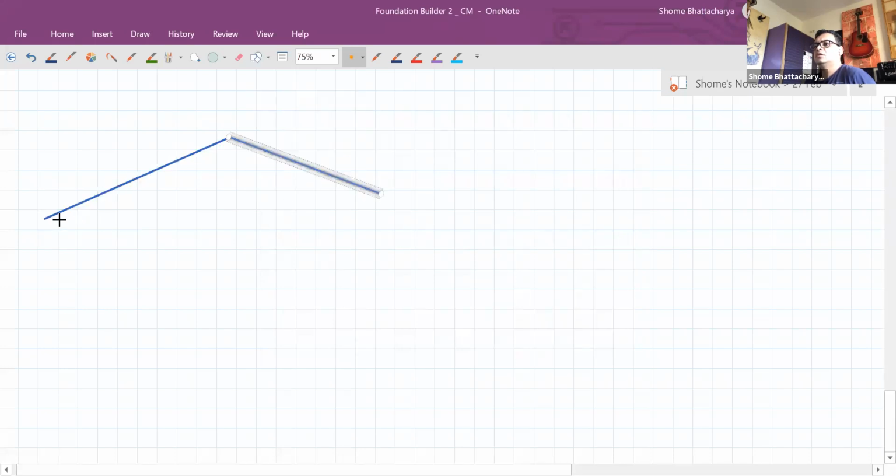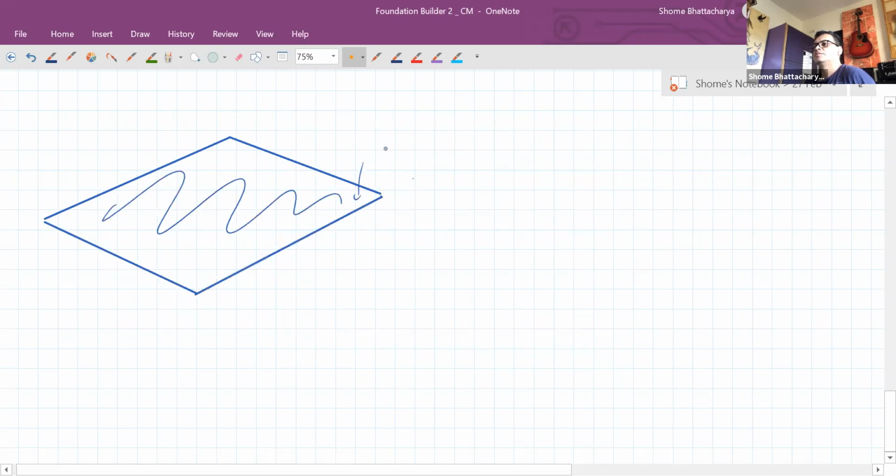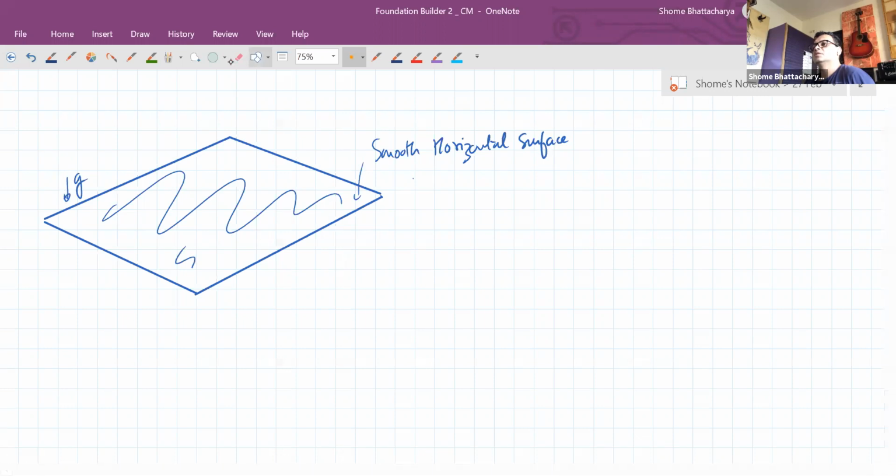So imagine this is like a tabletop or the surface of a carom board or something. This is actually horizontal. So this is a smooth horizontal surface. So gravity is pointing into the plane like this.